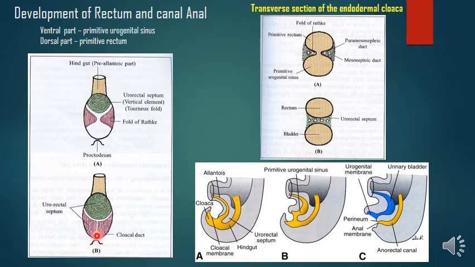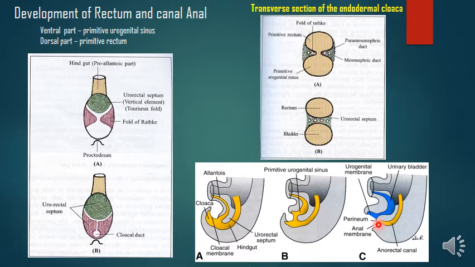The urorectal septum fuses with the cloacal membrane and divides it into the urogenital membrane and the anal membrane. So the cloacal membrane is now divided into two parts by the fusion of the urorectal septum.